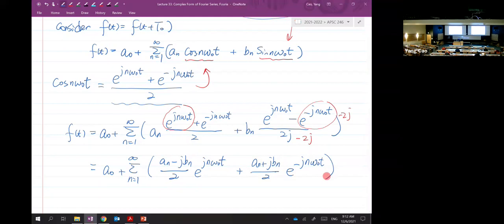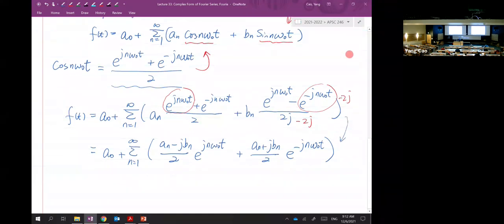So nothing changed, you just grouped all the terms associated with e to the power positive j n omega naught t with the terms of e to the power of negative j n omega naught t. Do try it, see if you can get this expression.